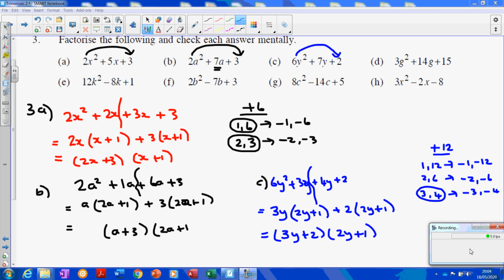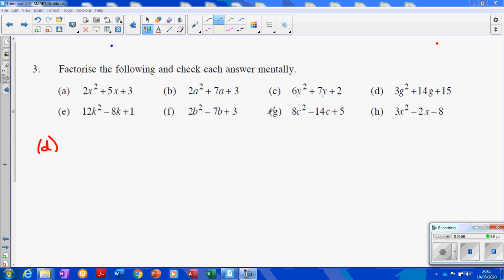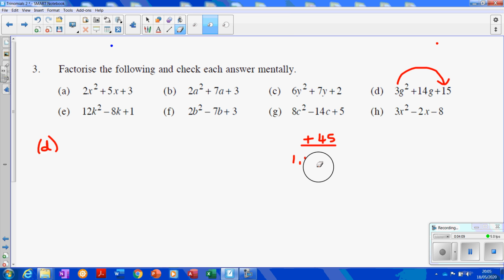Okay, next one, part D. So for part D, we've got 3 times 15, 3 15s are plus 45. Now, factors of 45 are 1 and 45. 2 does not divide into it. 3 does divide into it, so we've got 3 and 15. 4 doesn't divide into it. 5 does divide into it, 5 and 9 are factors. 6 doesn't divide into it. 7 doesn't divide into it. 8 doesn't divide into it.